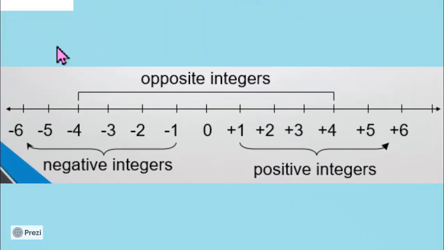Let's have a look here at this number line. We said that 0 is neither positive nor negative. On the right hand side you will find the positive integers, which are the positive whole numbers. On the left hand side, here are the negative integers, which are the negative whole numbers. So, the three of them together make the set which is called the integers.